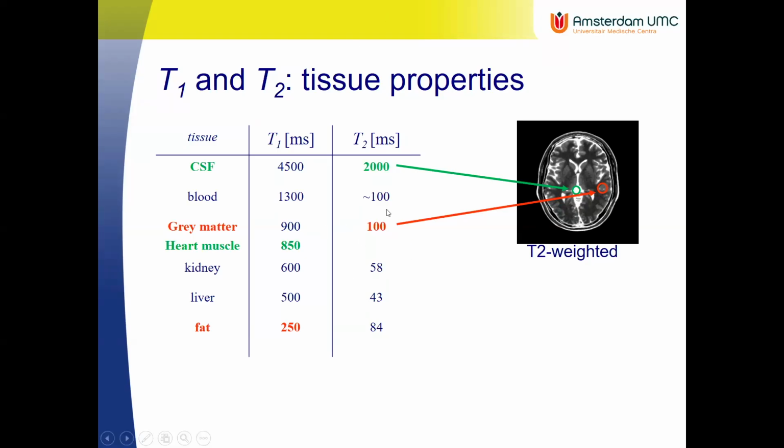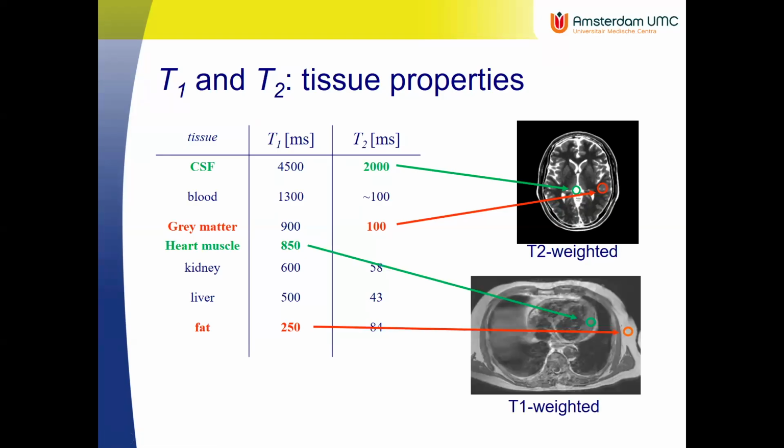And then here we see the gray matter, which has a way shorter T2 number, and then apparently that's kind of dark gray. Now I also have a T1 weighted image, which is a different organ. Here you see the heart. So basically here in gray you see the muscle of the heart, and then dark here on the inside is the ventricle.